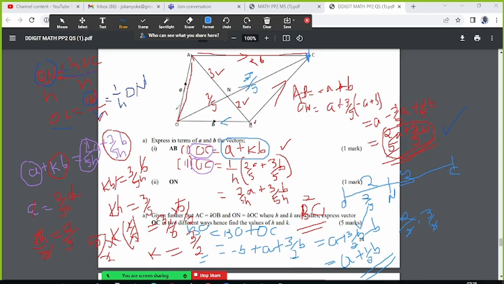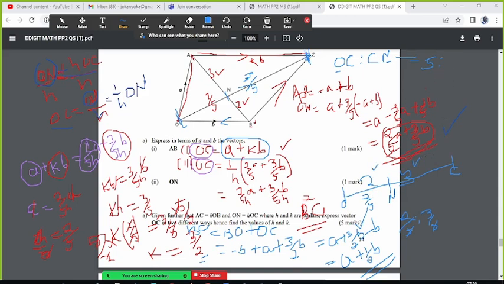So that's the ratio we are looking for: OC to CN, because our line is ON and the point which is dividing is C. From O to C, it is 2 plus 3, which is 5.